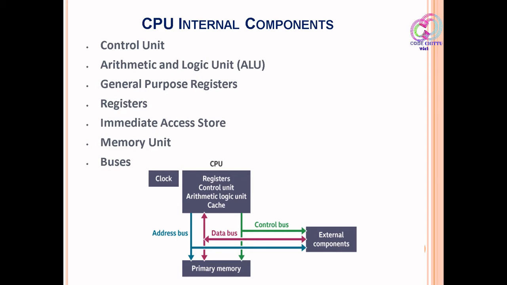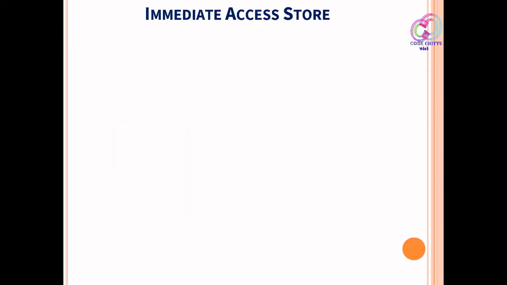An external component means anything we give from outside the CPU. Inside the CPU, we see how it transfers from memory to other places: registers, control unit, arithmetic logic unit, cache, everything present in the CPU. So this is a simple diagram. Let me go deeper.